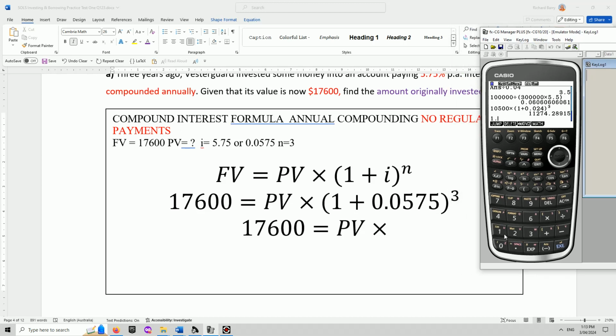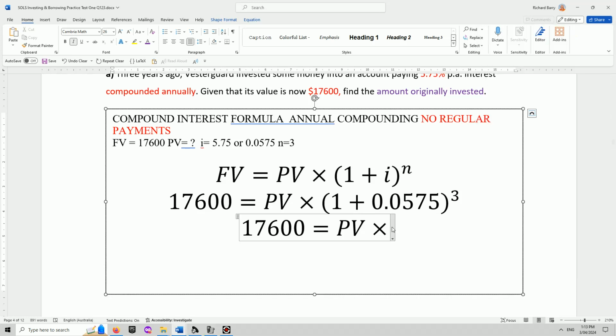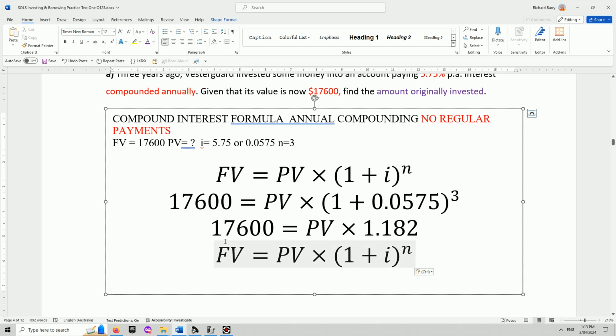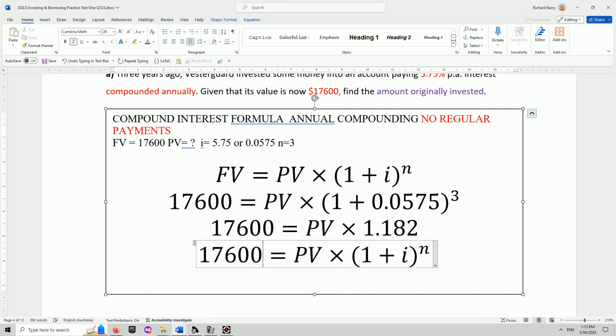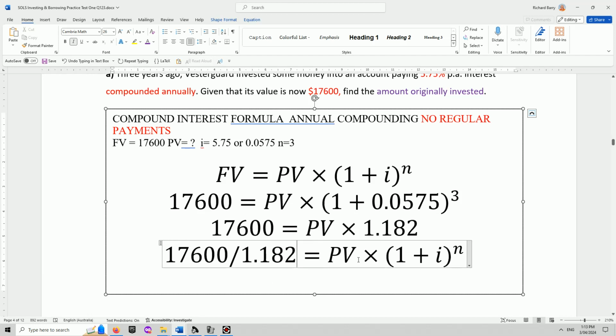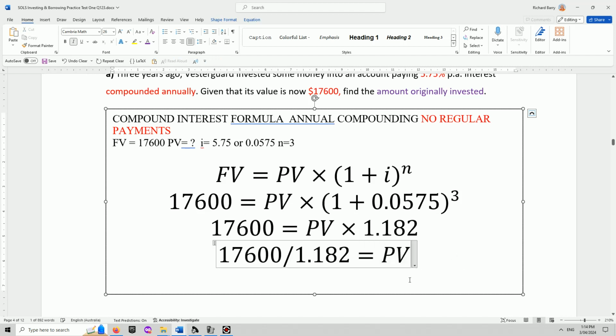1.0575 to the power 3 equals 1.182. So 17,600 divided by 1.182 equals my PV. I've divided that number over there.